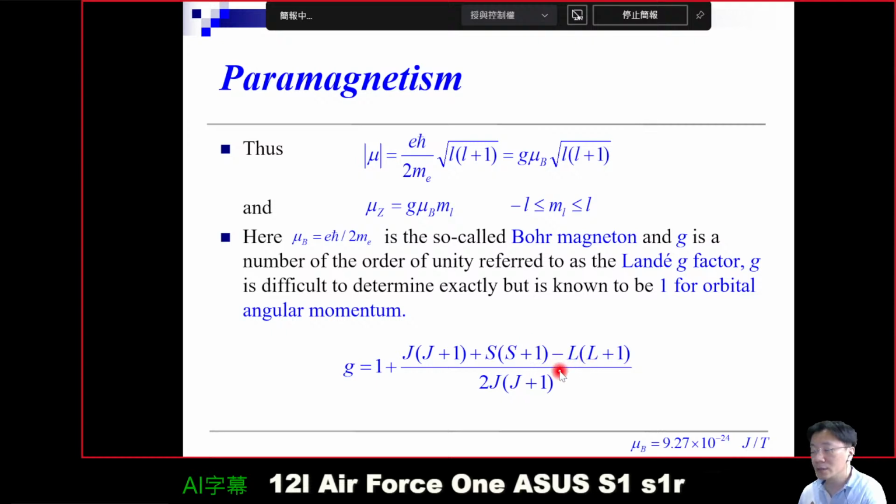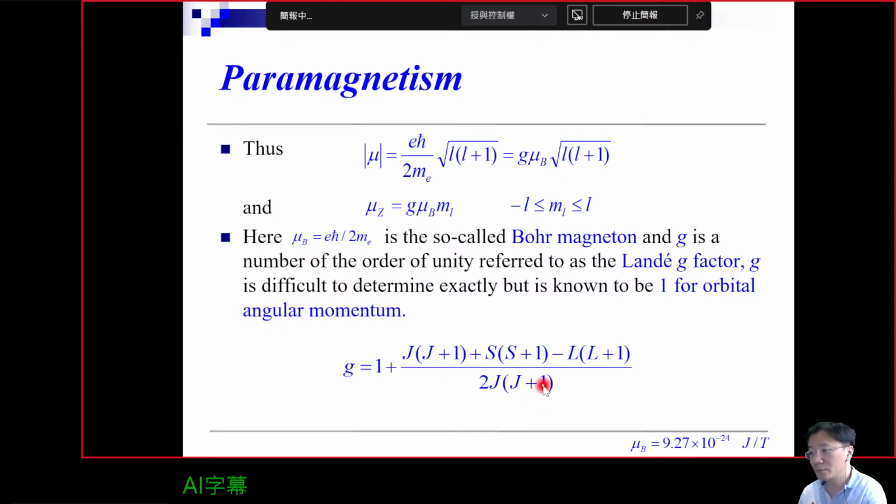So the numerator would be eliminated, this term would be equal to 0, and the g factor will be left as 1. That's the reason why pure orbital angular momentum will give you a g factor of 1.